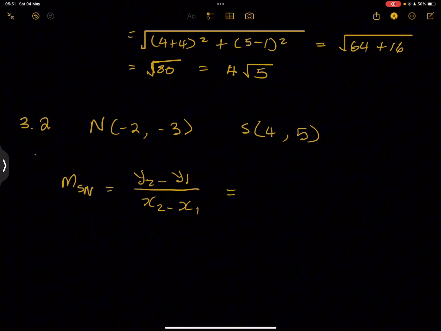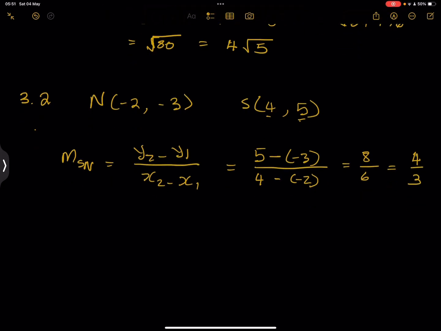So that's 5 minus a negative 3, divided by 4 minus a negative 2. 5 minus a negative 3 gives me 8, and 4 plus 2 gives me 6. If I simplify that, it becomes simply 4 over 3. So that's my gradient for SN.